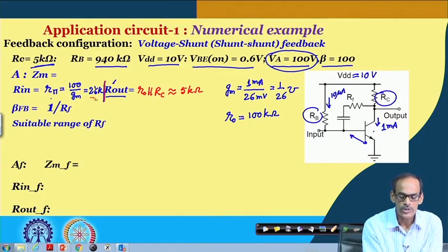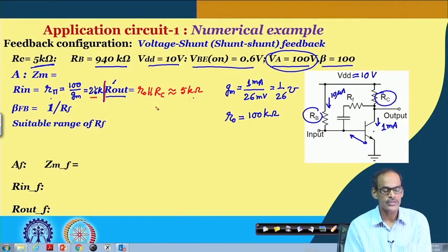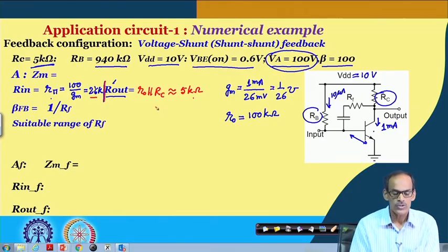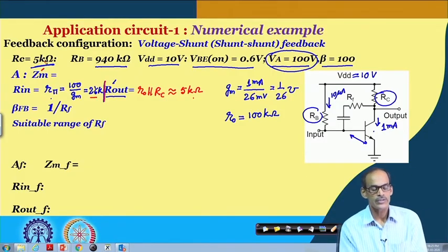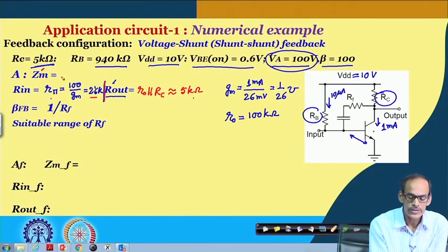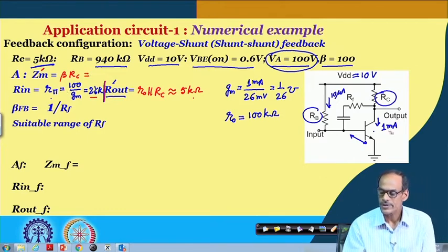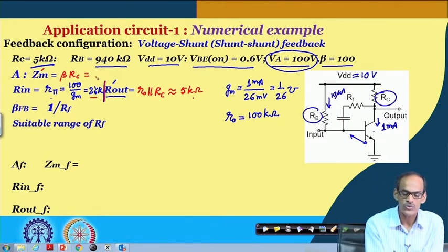So we have the input resistance, we have the output resistance, and also Zm, or rather let us consider directly Zm dashed. Zm dashed is beta into Rc, so that is equal to beta is 100, Rc is 5, so that is 500 k.